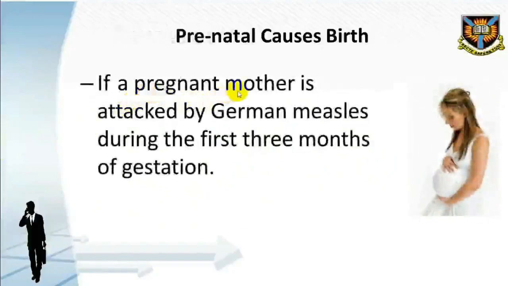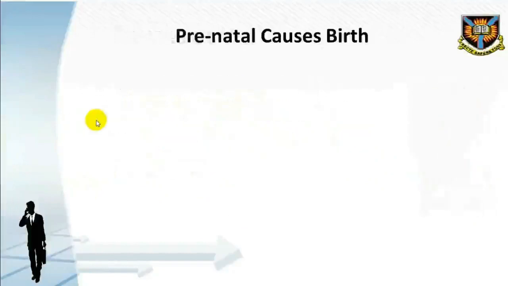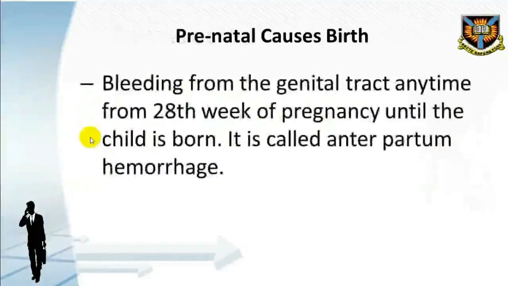If a pregnant mother is attacked by German measles during the first 3 months of gestation. Bleeding from the genital tract anytime from 28 weeks of pregnancy until the child is born, called antepartum hemorrhage.